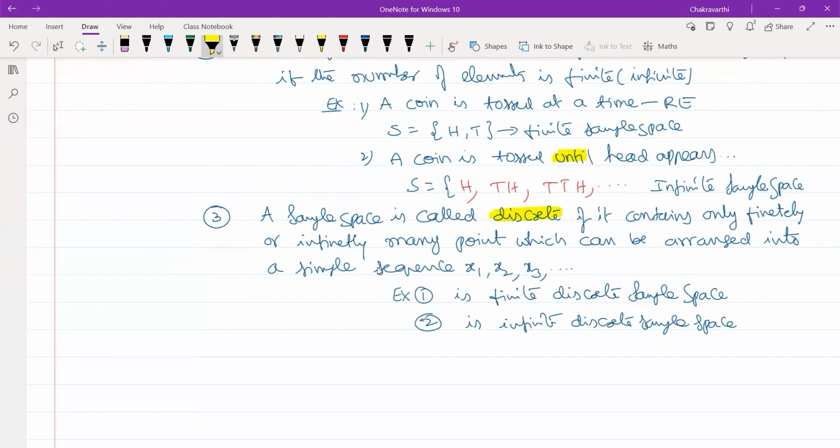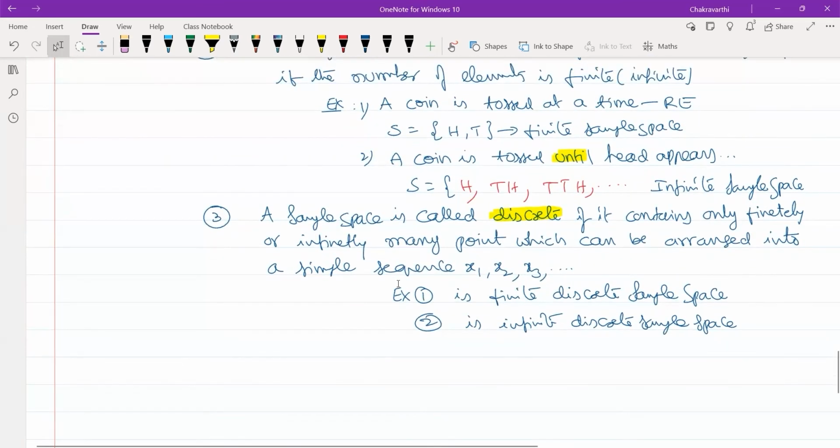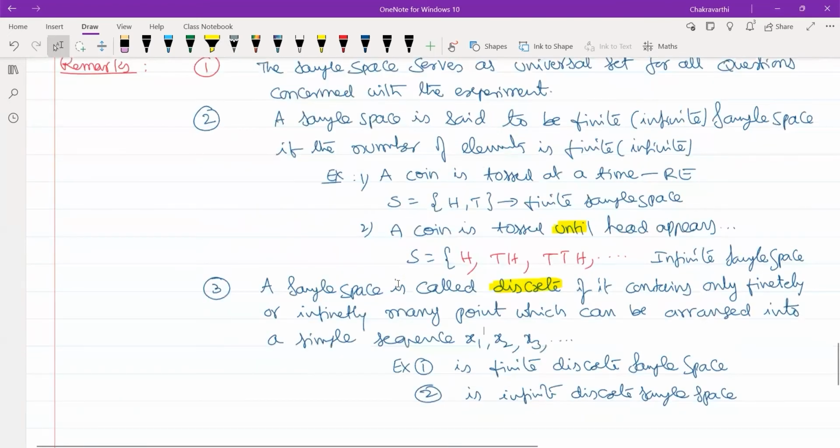In the prescribed syllabus, there are no non-denumerable points in the sample space. This is a very high concept, but no need to take it. Throughout this syllabus, strictly we have to take discrete sample spaces. So this is the importance of the sample space.